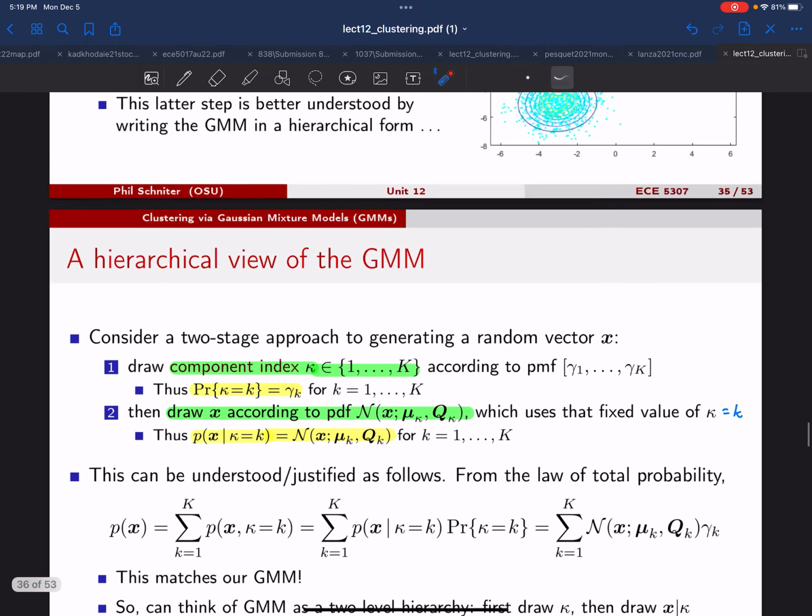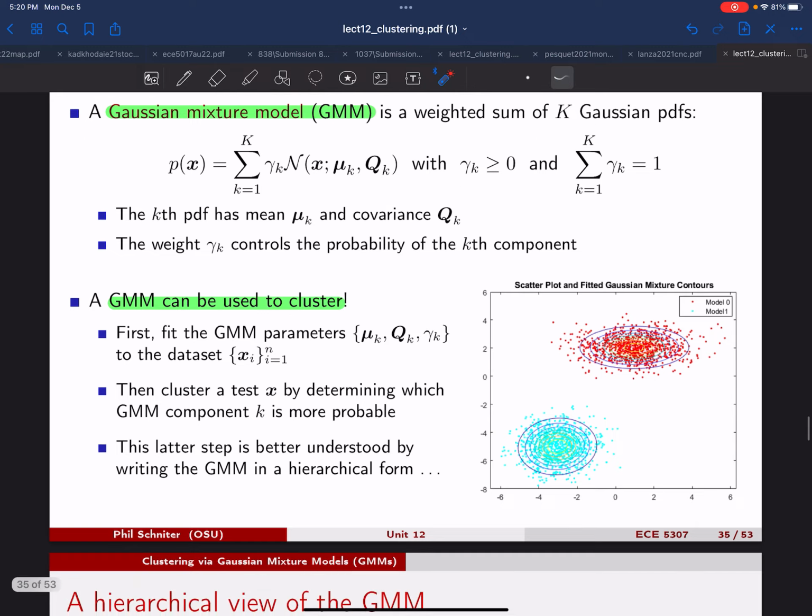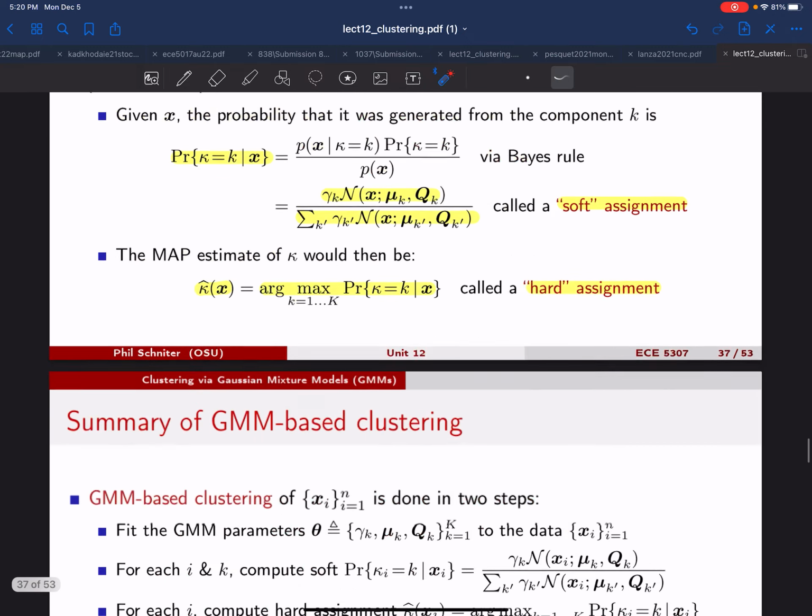Sorry, it's all the way back here. It's equivalent to setting the principal axes parallel to the coordinate axes. That's what happens when you have a diagonal. You can't stretch your ellipses in a diagonal way like this. You have to have ellipses whose principal axes are parallel to the coordinate axes.